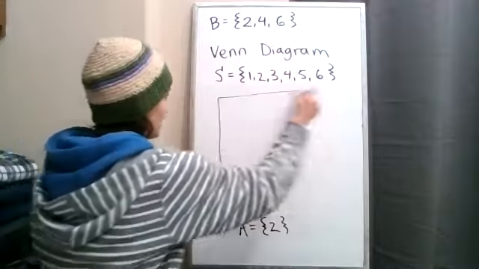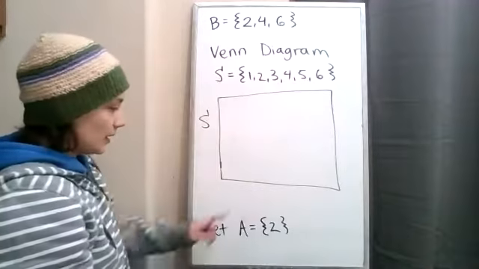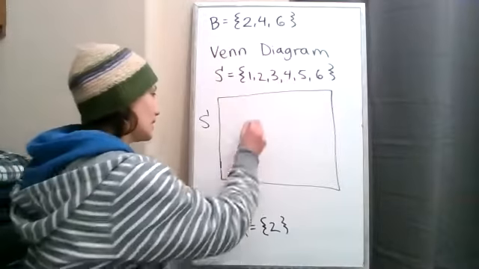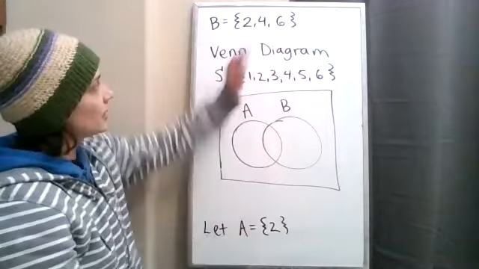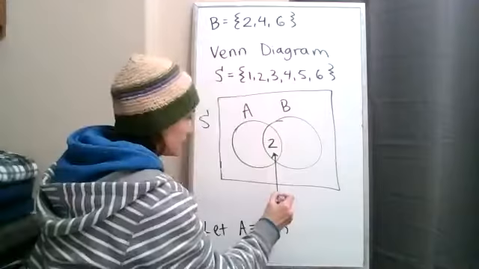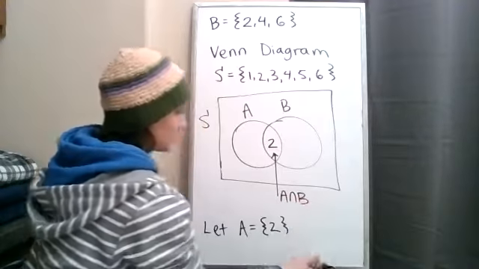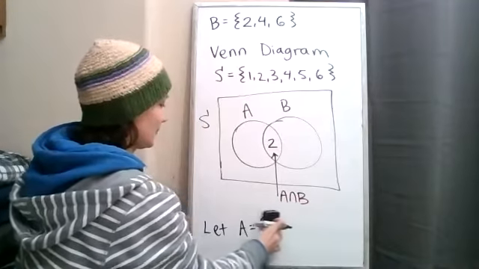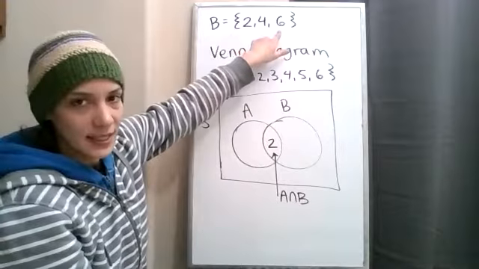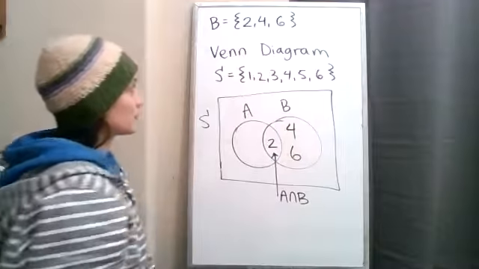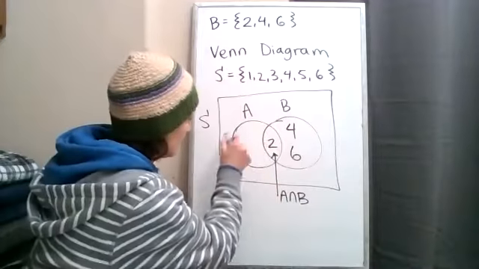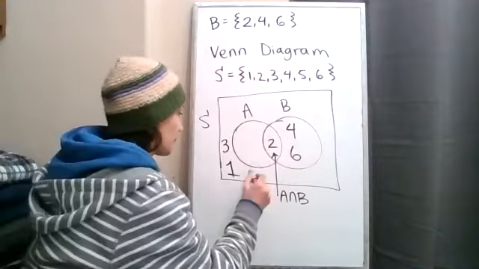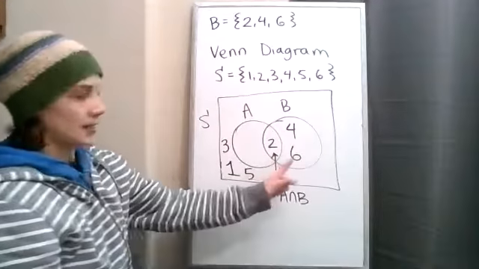A and B are subsets of S. Okay. 2 is common to both sets, so it needs to be where it's in A and B. B also contains 4 and 6. 1, 3, and 5 go somewhere else in S. Okay.